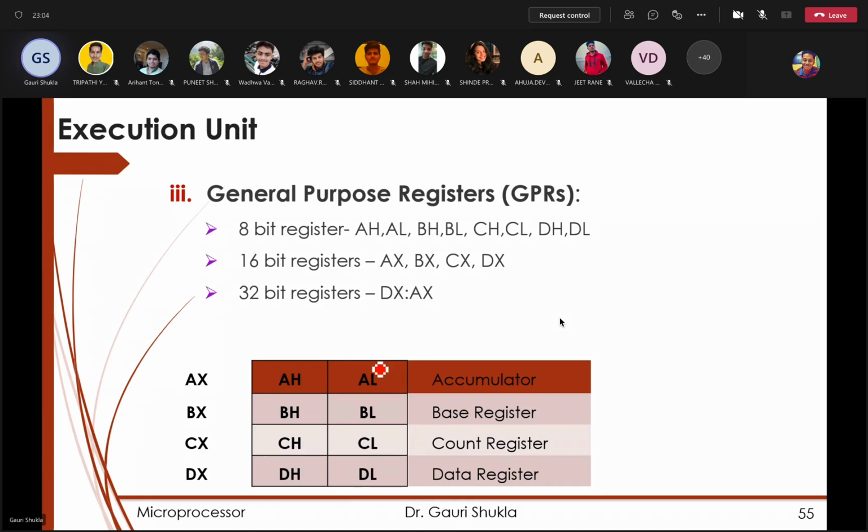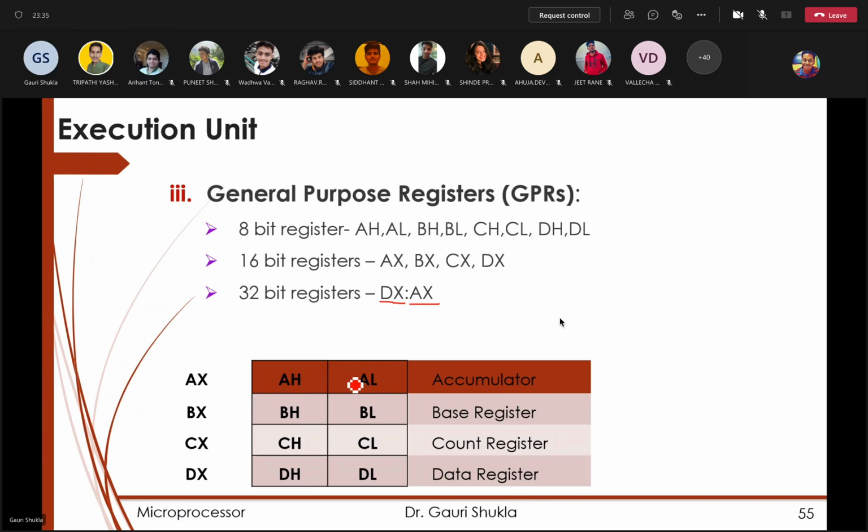Remember this way so that you will always say that the lower byte is always stored in L type, whether it is A, B, C or D. And if I ever have to use a 32-bit register, it is always a combination of DX and AX. So DX will have the higher 16 bits and AX will have the lower 16 bits. Okay, understood?